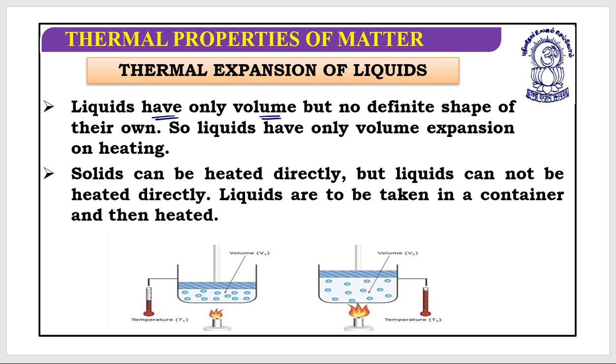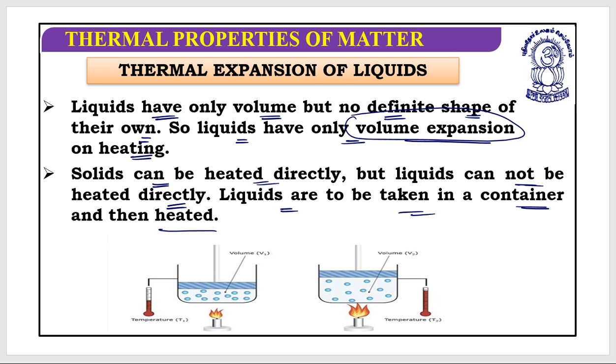Liquids have only volume but no definite shape of their own. So liquids have only volume expansion on heating. Solids can be heated directly, but liquids cannot be heated directly. Liquids are to be taken into a container and then heated.